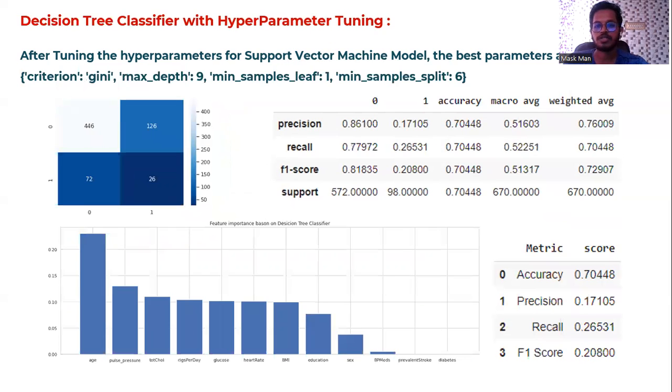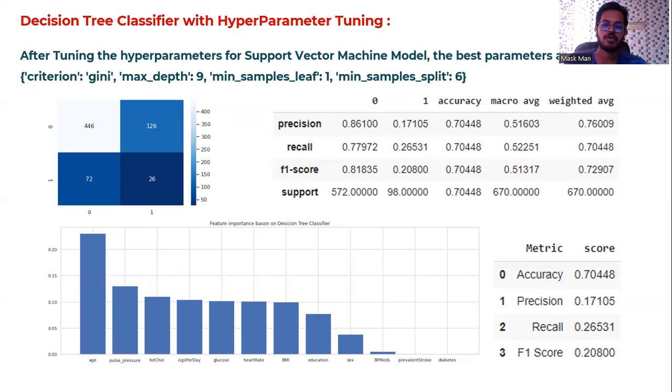And decision tree classifier with hyperparameter tuning. After tuning the hyperparameters of the decision tree, we get the best parameters: criterion equal to gini, maximum depth equal to 9, minimum samples leaf equal to 1 and minimum samples split equal to 6. Here we can see the confusion matrix.